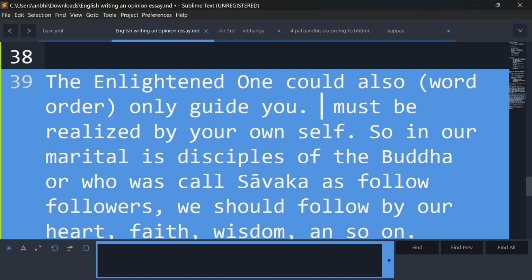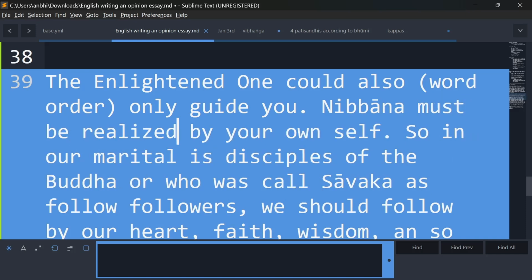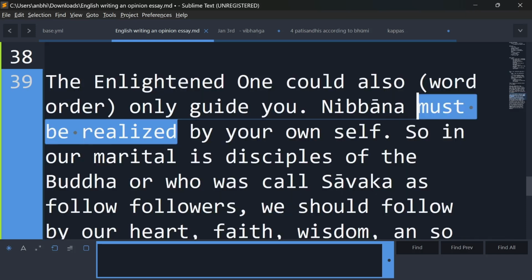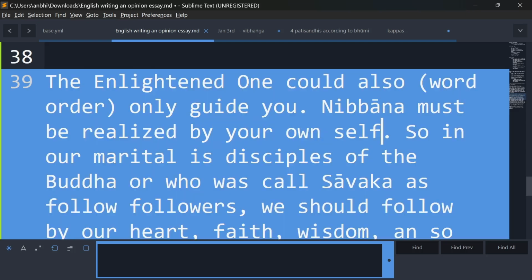But technically, if it's the first time you're mentioning something, you should use the noun. For example, Nibbana must be realized, okay, passive voice, you see, must be realized by your own self.